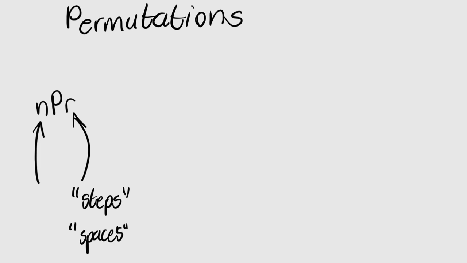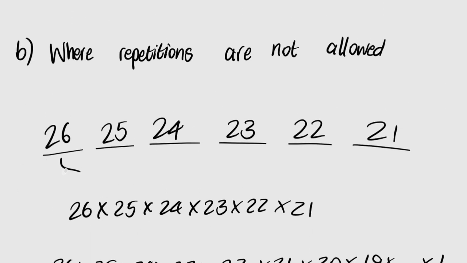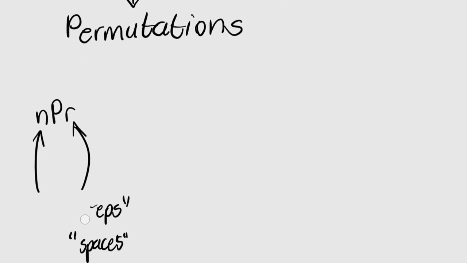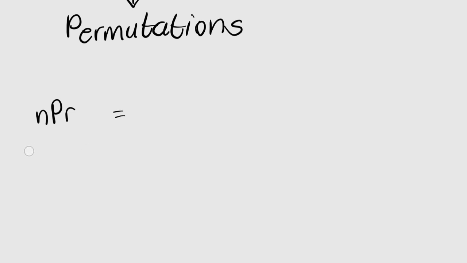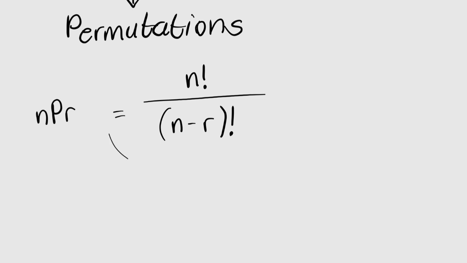Like in that example here where we had these lines, R would be 6, and n would be 26, since you can choose from 26 letters. So the formula goes as follows: n factorial over n minus R factorial.